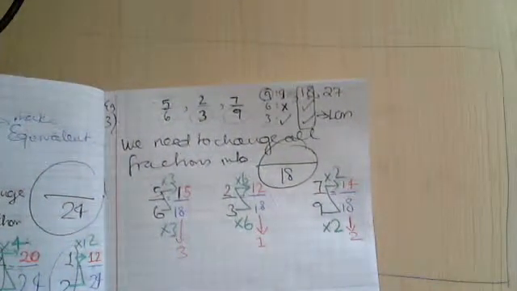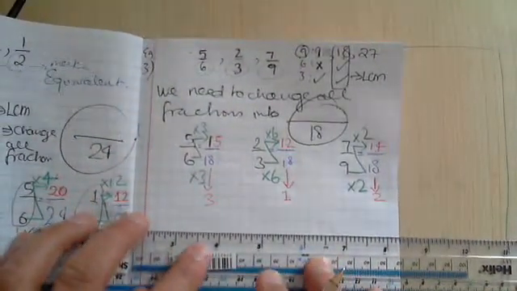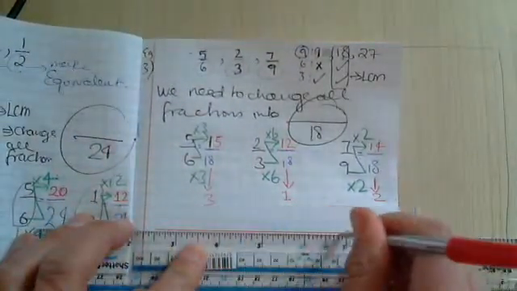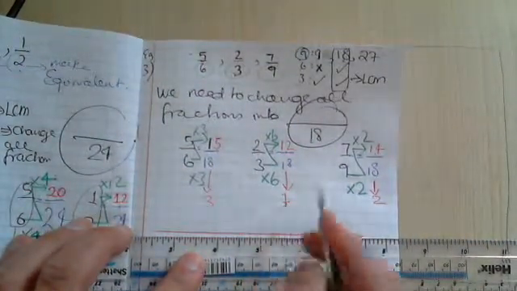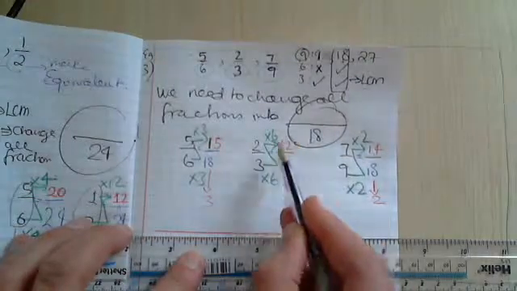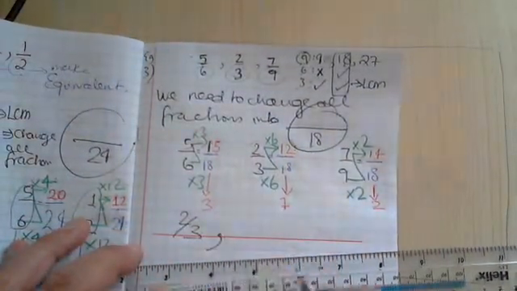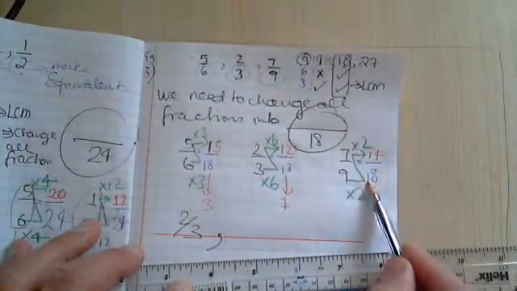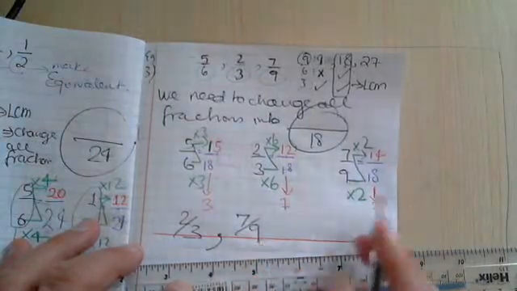Okay, now we're ready to finish the question. So this question shouldn't really take you too long. So the first fraction, the smallest one, is this, which is really that in real life. The second fraction, 14 over 18, corresponds to this original fraction. So we must write the original fraction down.